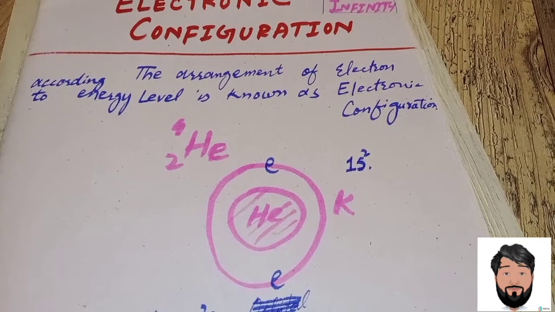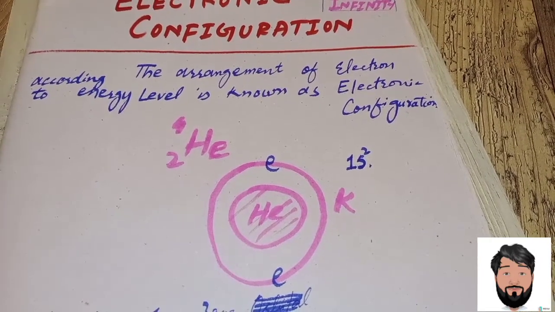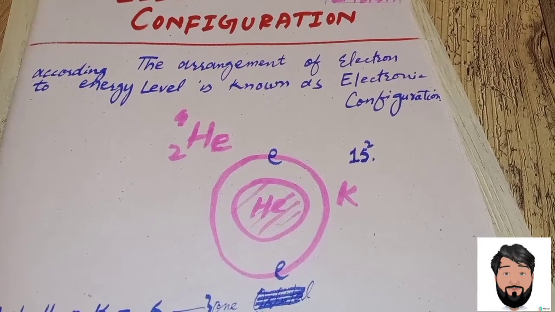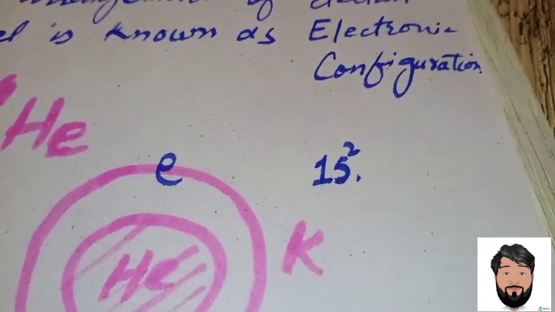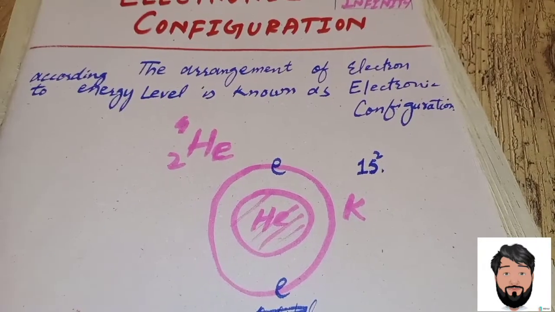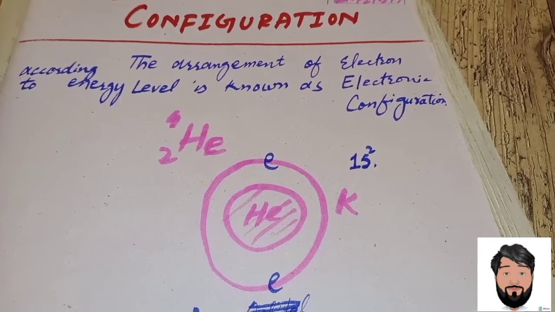So if helium has 2 electrons, they will occupy the first shell, first subshell and first orbital, that will be 1s2. So how does this happen? Let's talk about that.